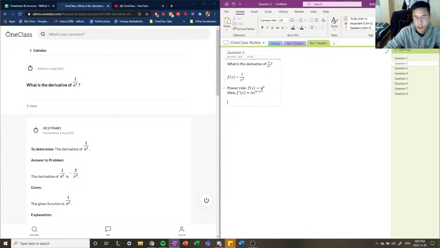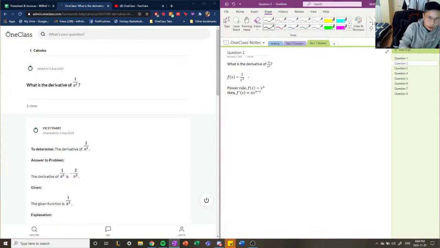If our function is of the form x to the power of n, then our derivative is taking that exponent down and subtracting the exponent by 1. So going to our question in specifics, we have f of x equals 1 over x squared, right? We could alternatively describe 1 over x squared as x to the power of negative 2. This and this are equivalent to each other. Now we're going to apply our power rule.